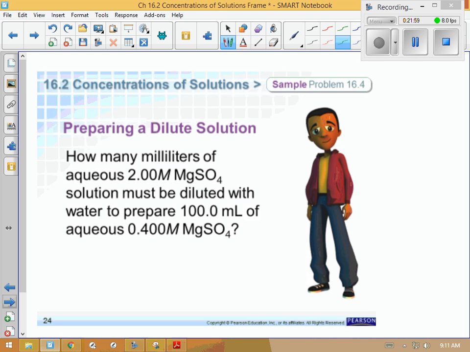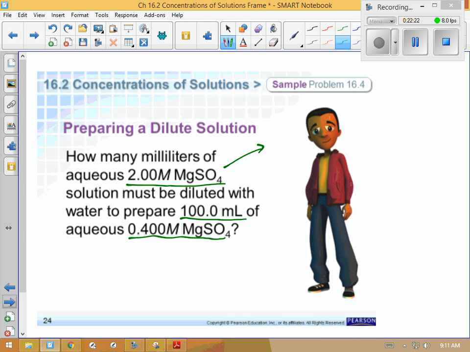How many milliliters of aqueous 2 molar magnesium sulfate must be diluted with water to prepare 100 milliliters of aqueous 0.4 molar magnesium sulfate? What's this one right here? Molarity 1, molarity 2, volume 1, volume 2.